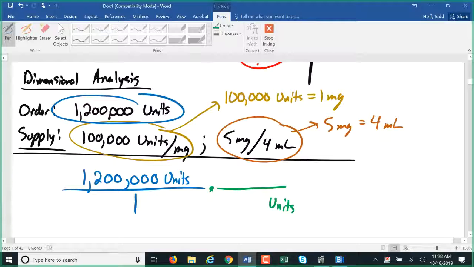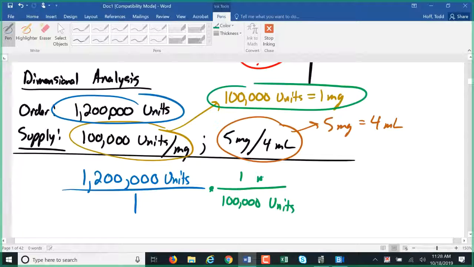I look for a conversion factor involving units. I have one right here, 100,000 units equivalent to 1 milligram. So I'm going to cross off the units. I have canceled them out. I've eliminated the unit of units. Now everything is in milligrams.